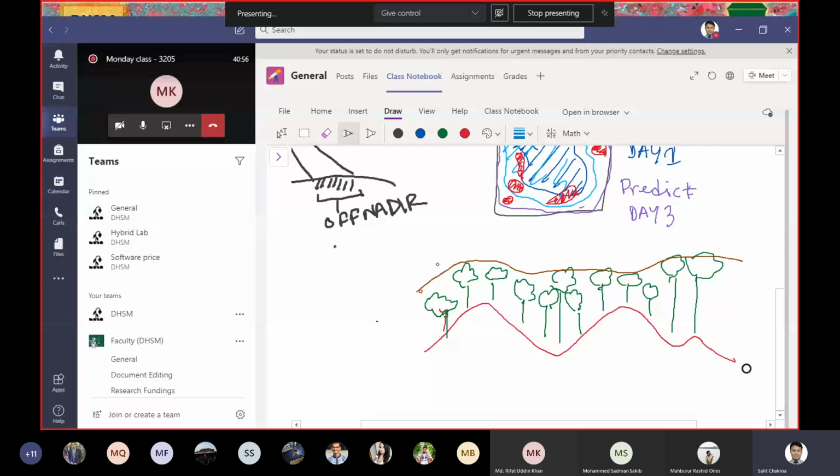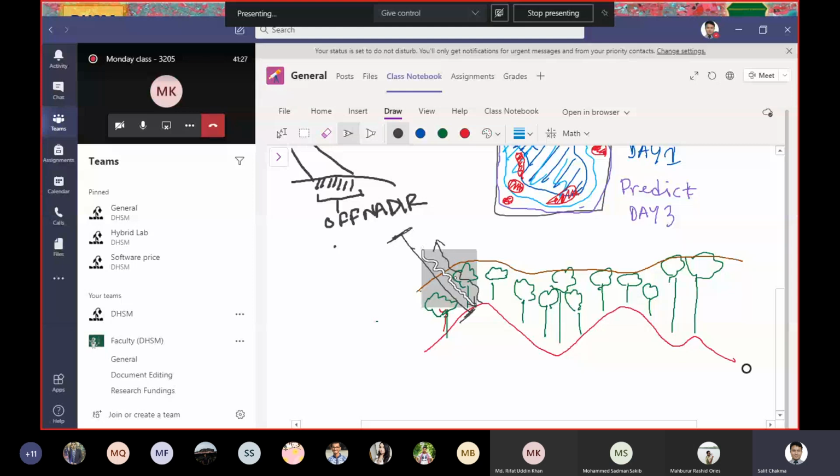So what SAR can do is SAR can penetrate. Okay, sorry, not the signals, it can penetrate the vegetation and reach the ground, and from the ground the signals can come back. So now you are measuring the distance between the sensor and the ground, not the top of the canopies.